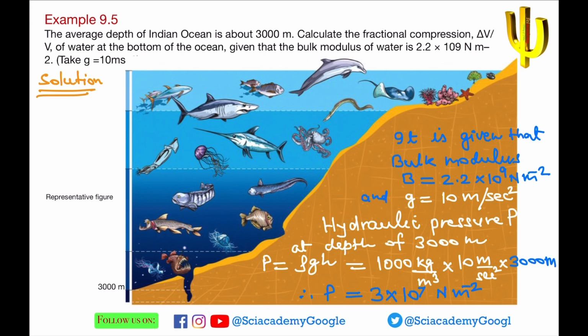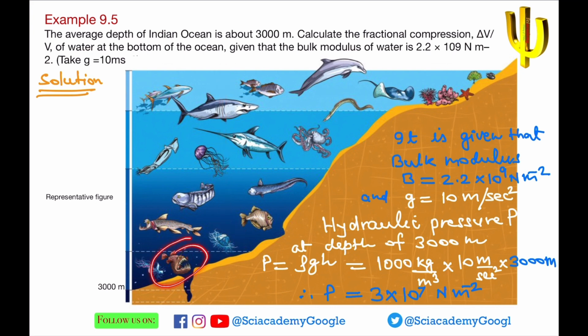I have used this picture for your understanding that the average depth of this water column is 3000 meter, and because of this water column there must be some pressure beneath it due to the water depth.